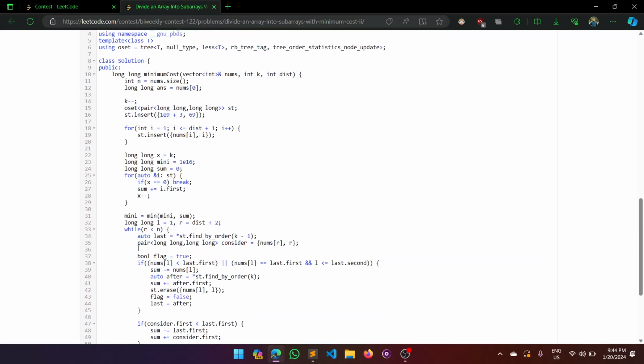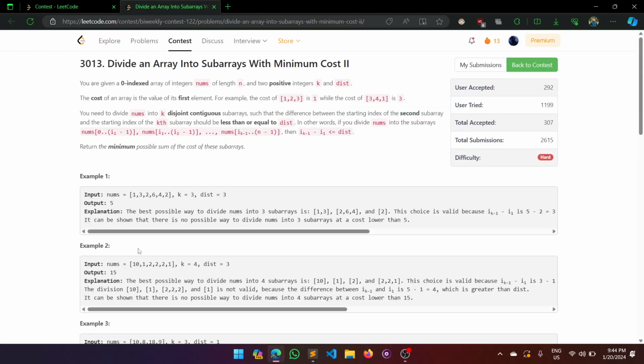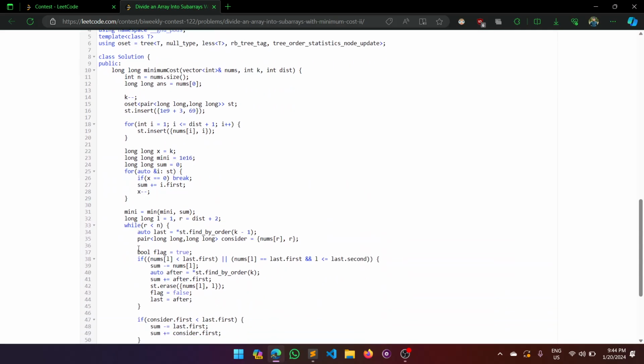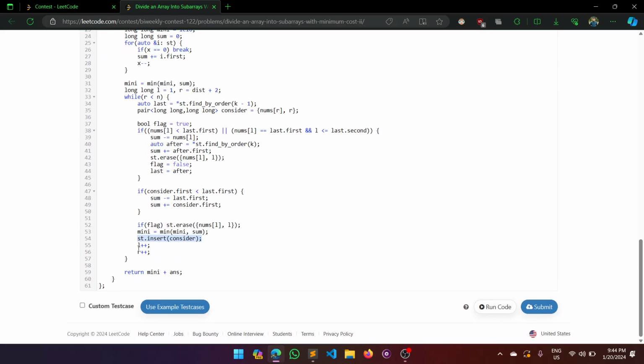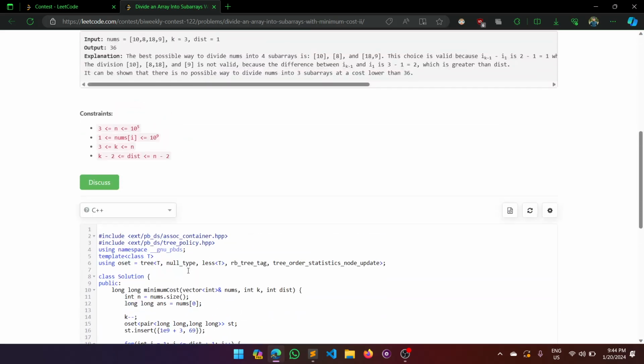So that's how we can always make sure that we're picking the smallest k elements from the considered window, from the considered set of elements. In the end we just return the answer.